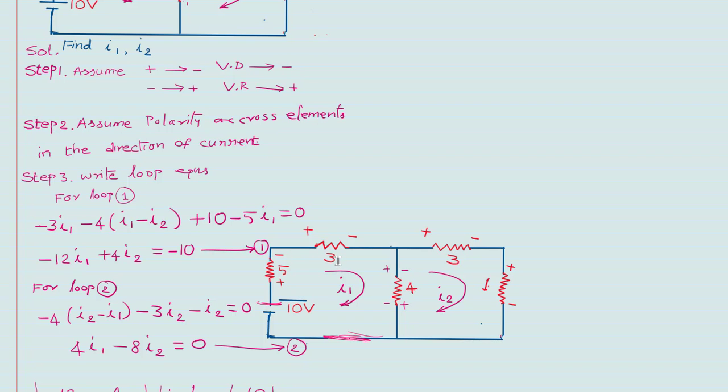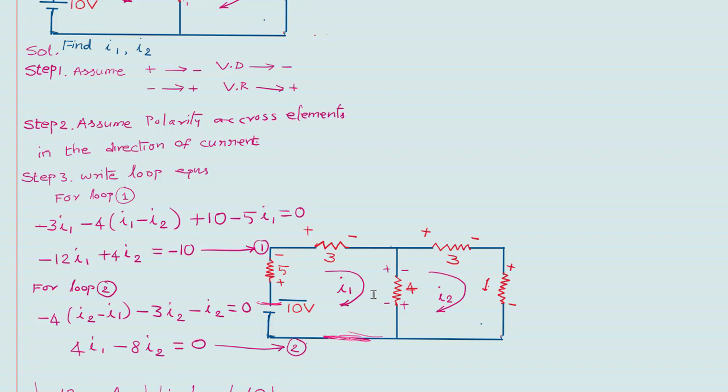So minus 3 into the current flowing here, I1, minus 3 I1. Next, there is another element, 4 ohms. Here we are getting plus first, next negative. Going first positive, next negative in the assumed current direction means it is a voltage drop, and that will get the negative sign. So minus 4 into whatever current flows here.